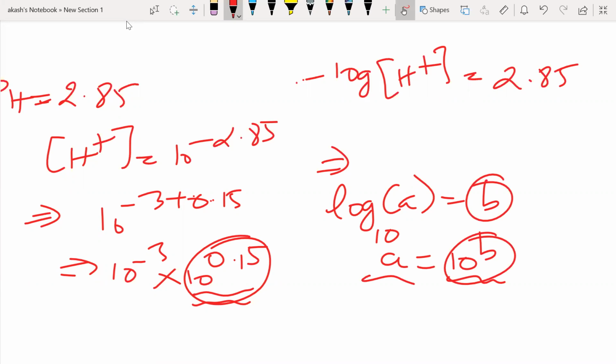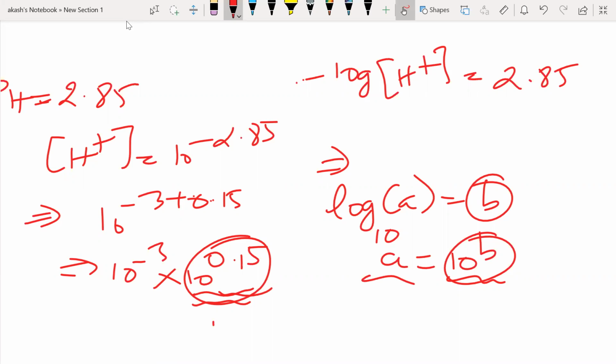You reverse the operations. Similarly, ln and e power x are inverse functions, and that again I'll call anti-log, but in natural logarithms. So this 10 to the power minus 0.15 is the anti-log, and that value is 1.41.